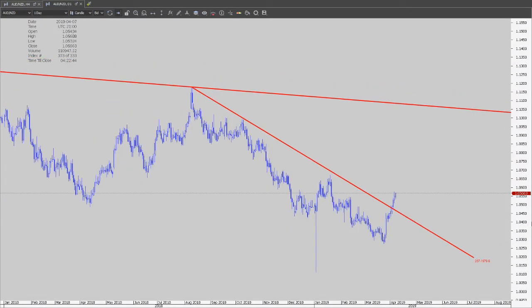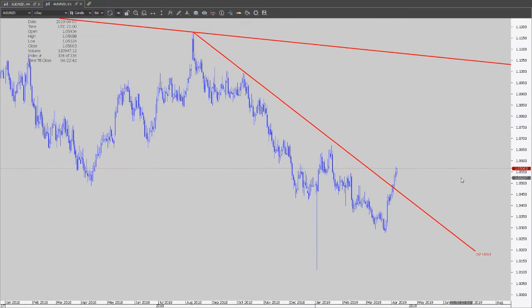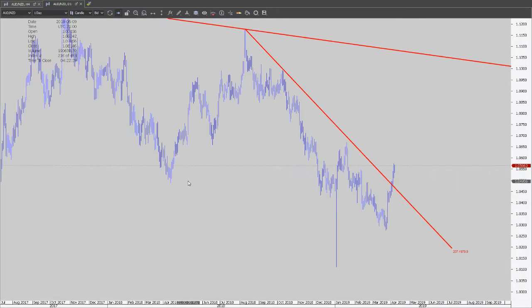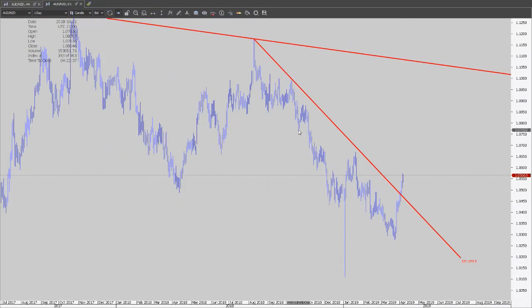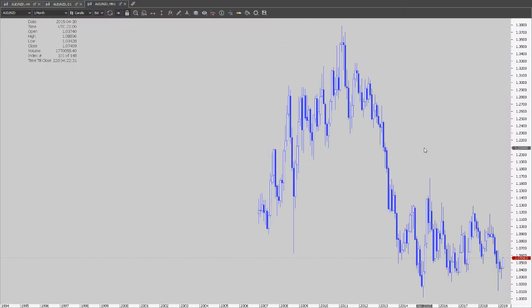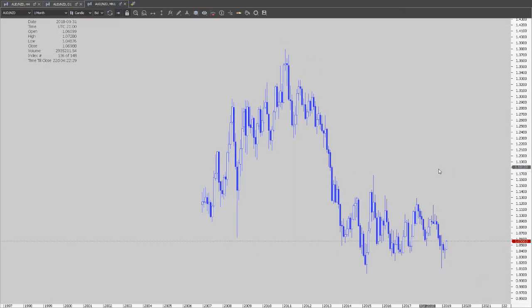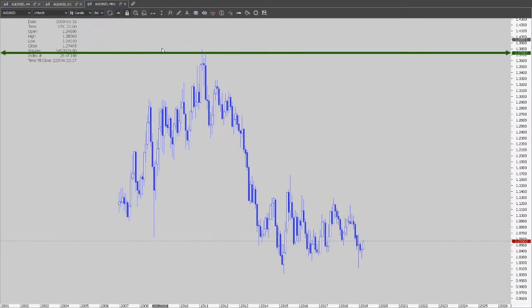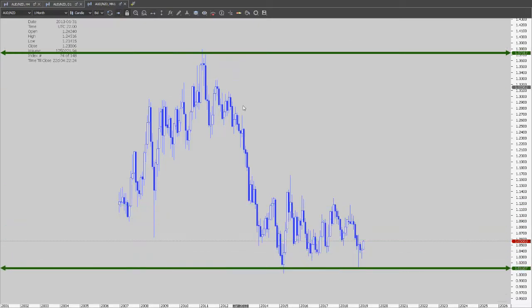So what is our bias? Well, our bias is up. Why is that? Because AUD-NZD on the monthly chart is in a position trade, right? So the monthly chart dictates the long-term bias. If this is the upper band and this is the lower band, the long-term bias is up.